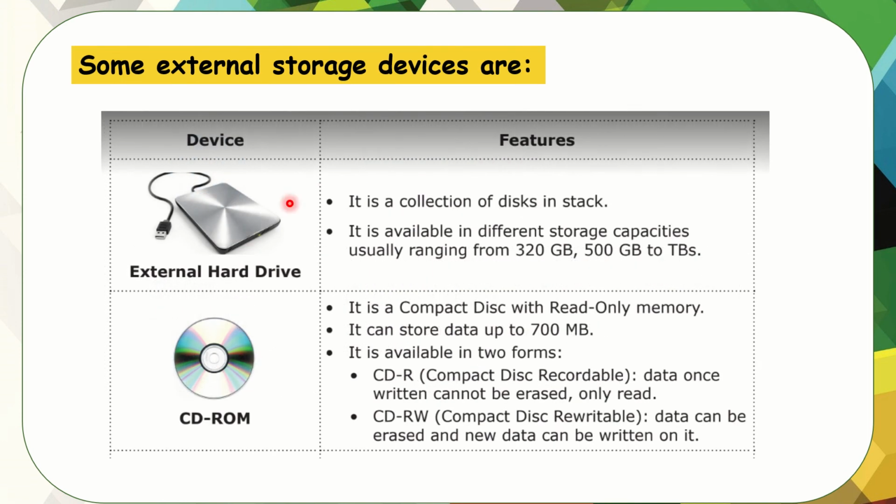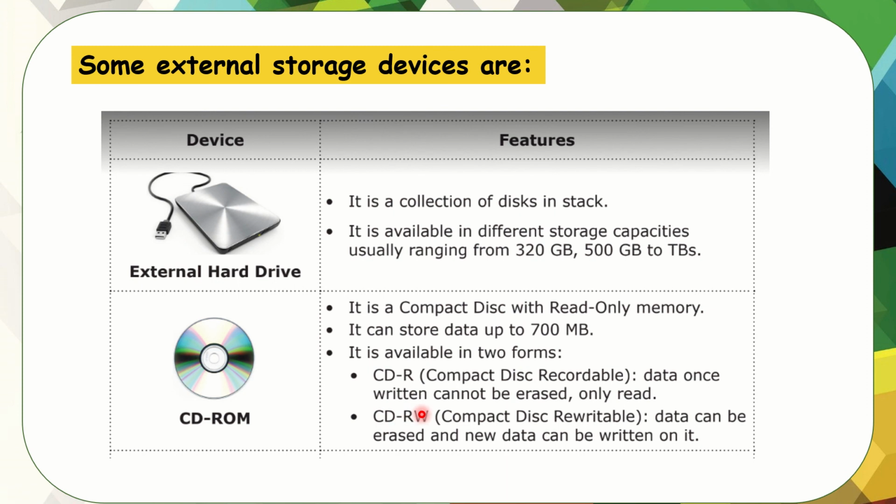Got it? Now, if I talk about CD, CD-ROM is the full form. The full form of CD-ROM is compact disk read-only memory. It can store data up to 700 MB, and it is available in two forms. One is CDR and second is CDRW. This R is for recordable, compact disk recordable.